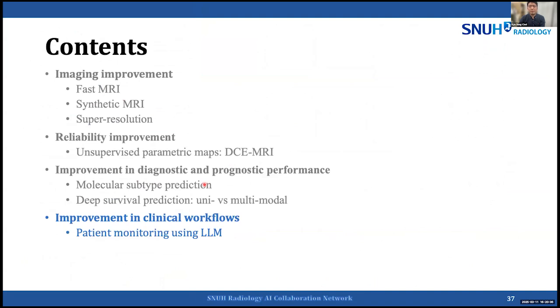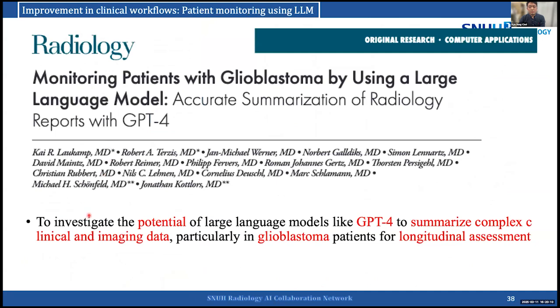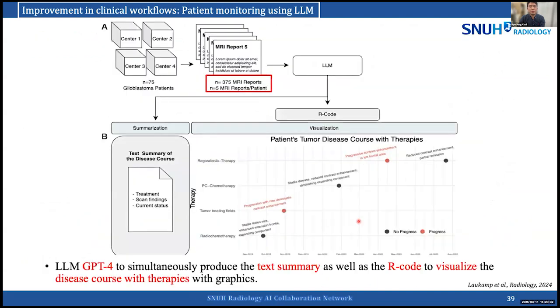The final part is about large language models. The final paper deals with monitoring patients using LLMs in glioblastoma. They investigated the potential of large language models like GPT-4 to summarize complex clinical and imaging data, particularly in glioblastoma patients for longitudinal assessment.